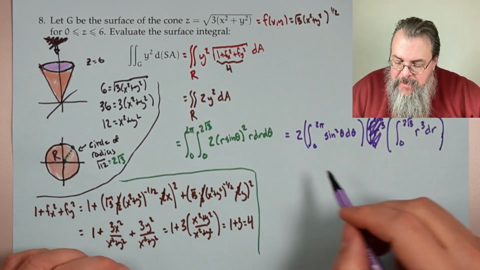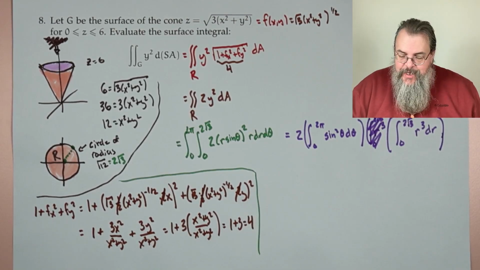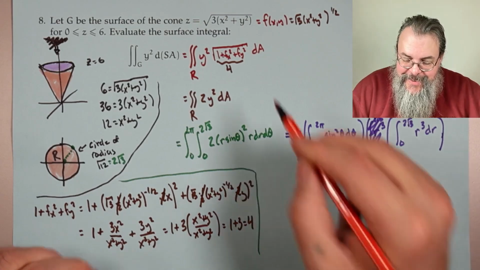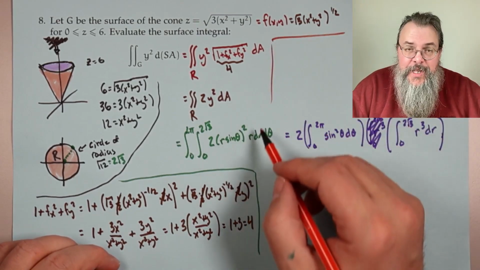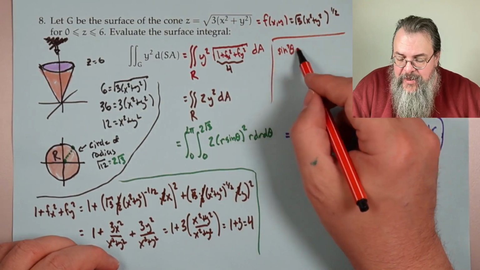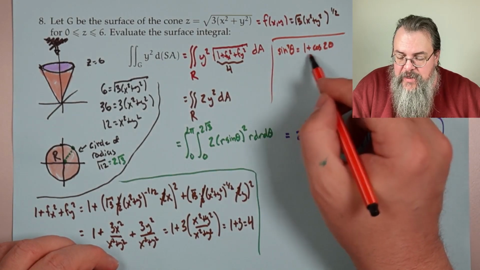Good. Okay, so we have our 2. Now, let's talk about sine squared. Do you remember how to do sine squared? Yes? We dig into our trig identities. So sine squared is 1 minus cosine 2 theta over 2.